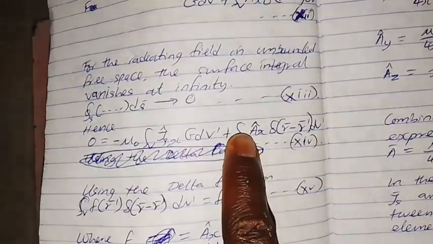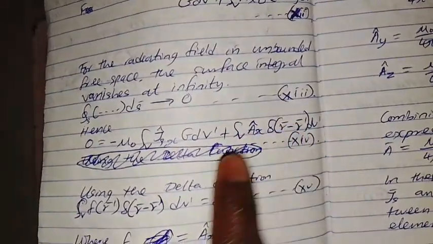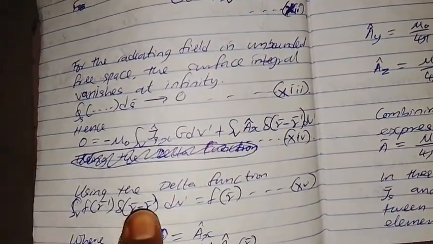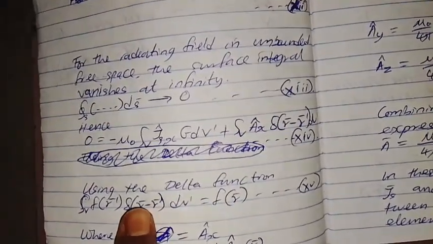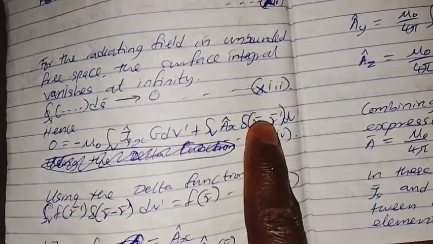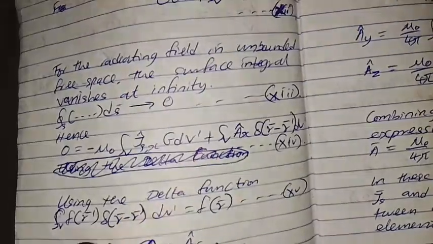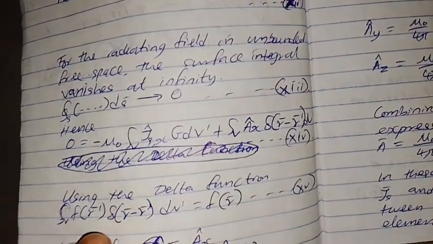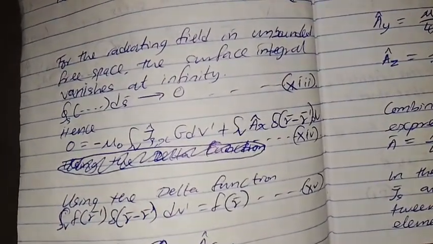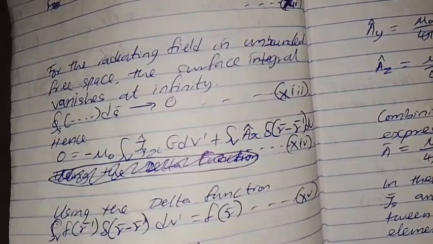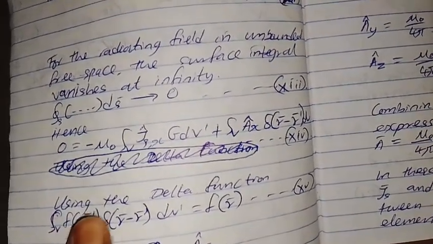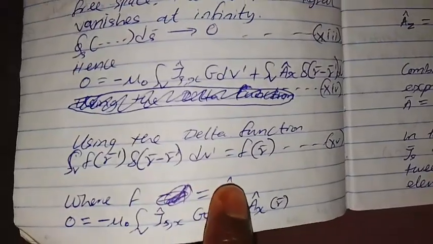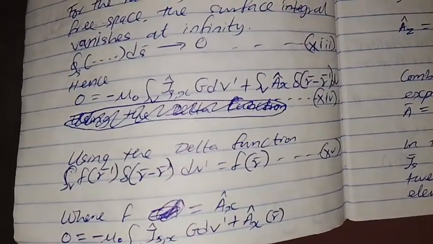What they are saying now is to compare this thing to this. Look at the delta function, look at Ax, look at F of r bar prime. Comparing this to this tells you that F equals Ax. Do we get it?